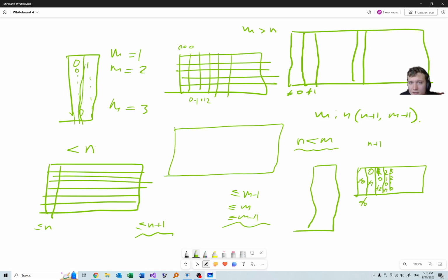So I need a column with all numbers from 0 to n, actually.